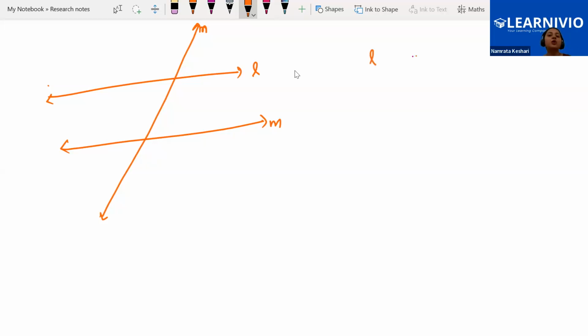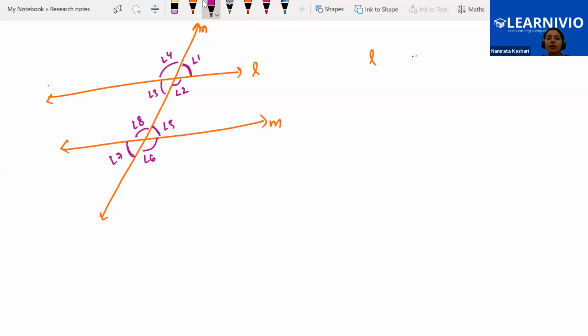One of the lines is named L, another line is named M. Now this angle and this angle, let me name them. Suppose we are calling angle 1, angle 2, angle 3, angle 4. Here angle 5, angle 6, angle 7, angle 8.